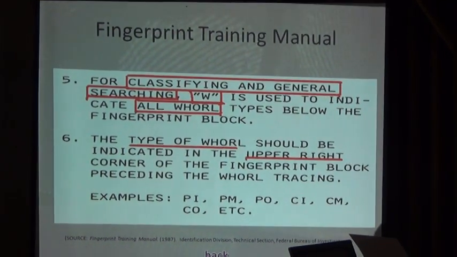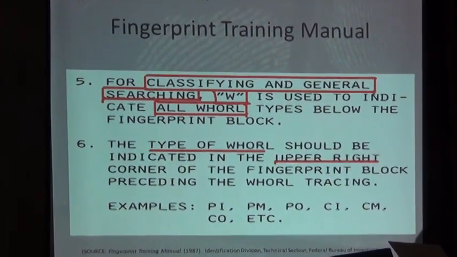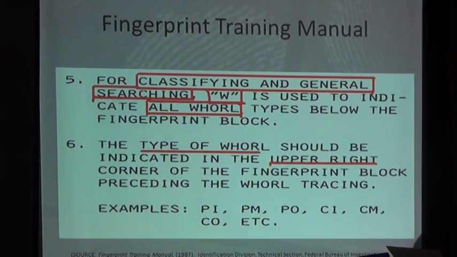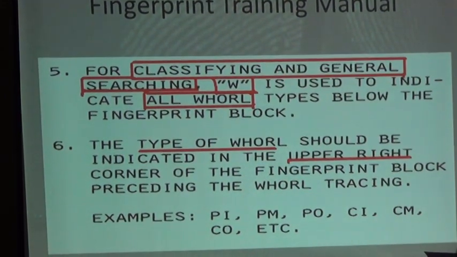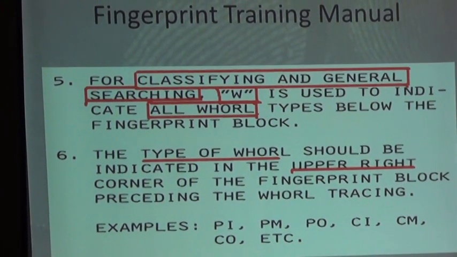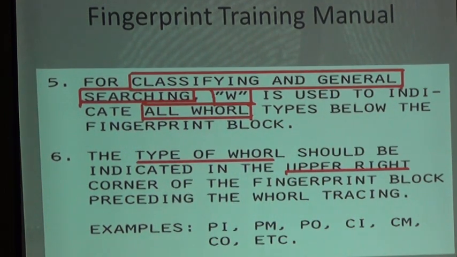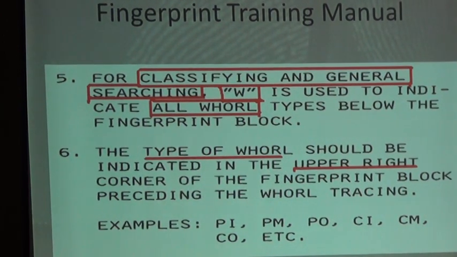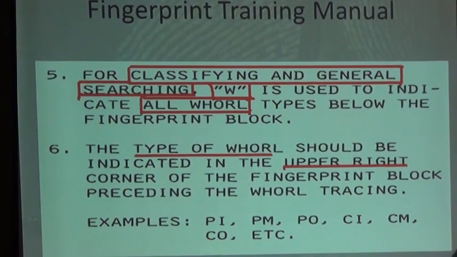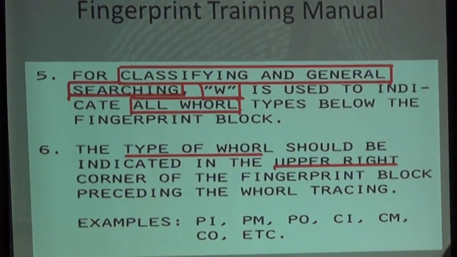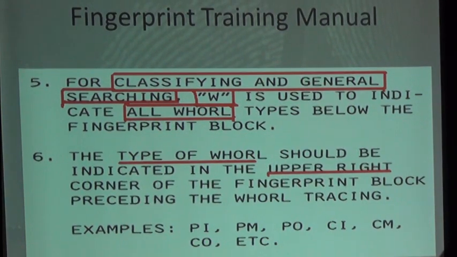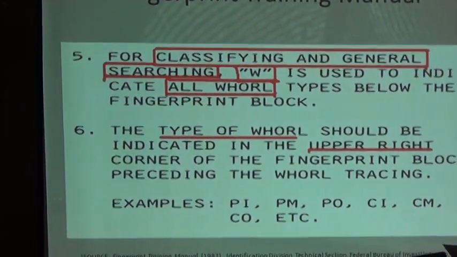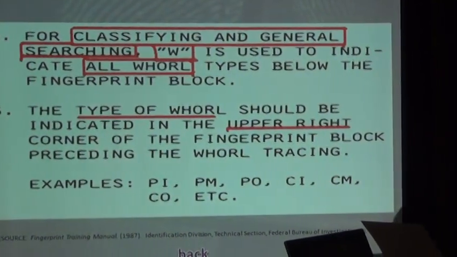I'd like to make a note that based on the FBI's The Science of Fingerprints: Classification and Uses, in the old version, plain whorl is symbolized by capital W. But in the update of 1987, it is no longer symbolized by capital W, but by capital letter P. That is, of course, in line with the NCIC classification, because at that time it was already in its infancy. So, that is just an update.